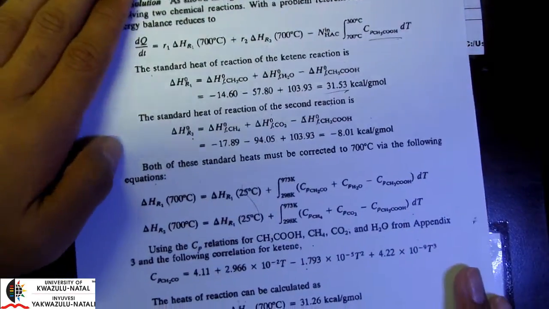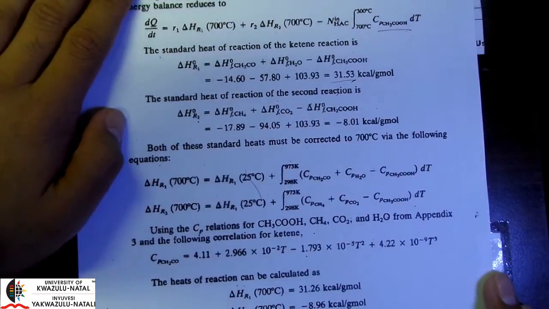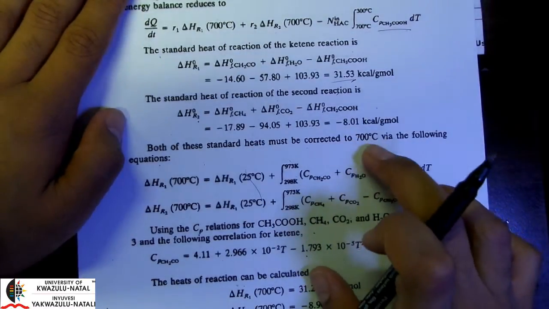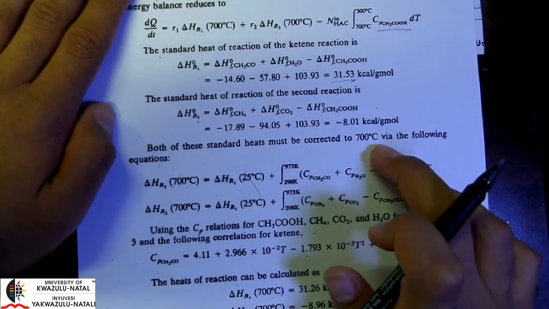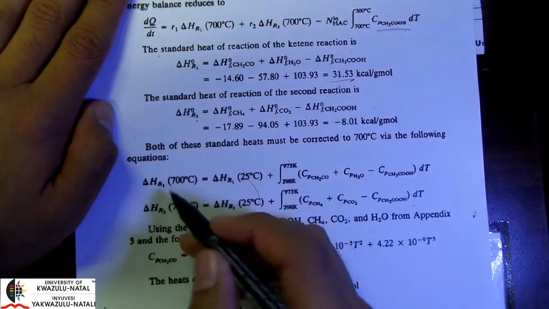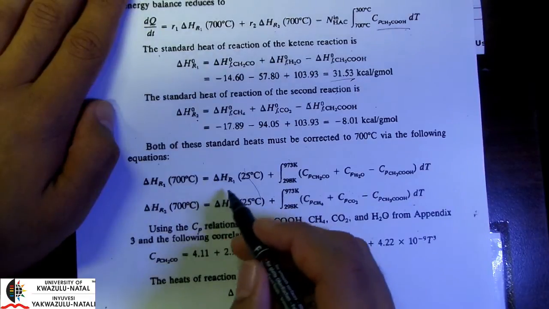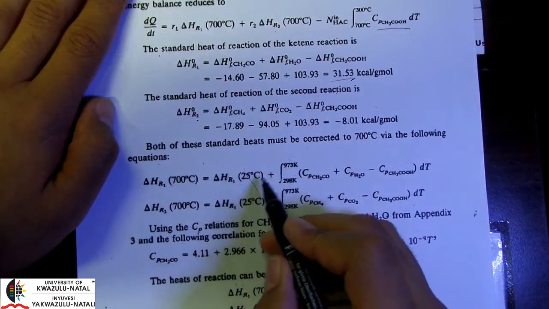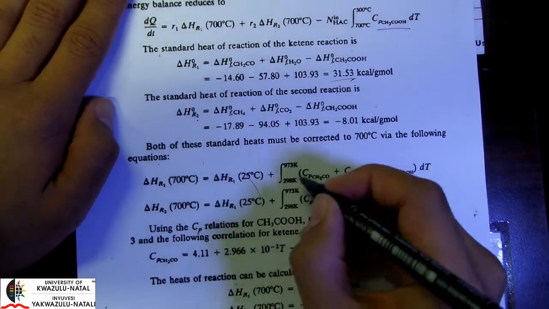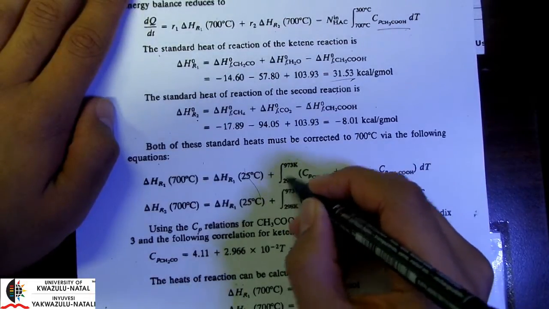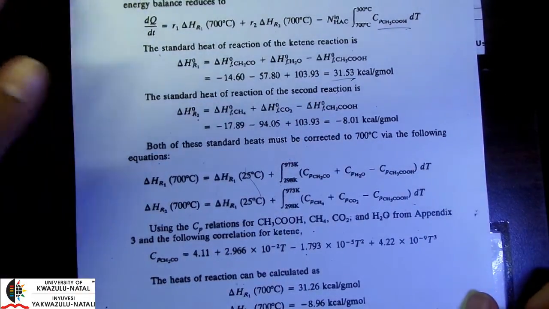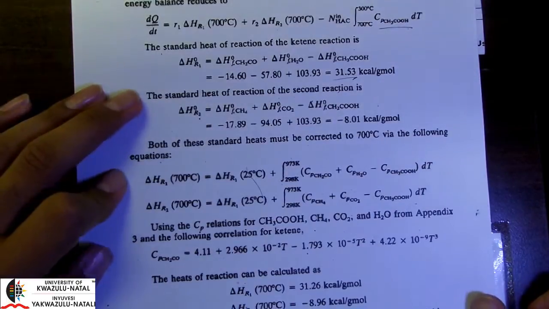Okay, now both of these standard heats will need to be corrected to 700 degrees because that's our reference. So it's corrected as follows: the heat of reaction at 700 degrees is equal to the heat of reaction at 25 degrees plus an integration from 25 to 700 of each of my species in the reaction.